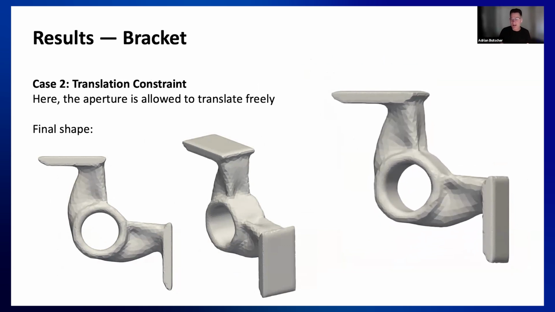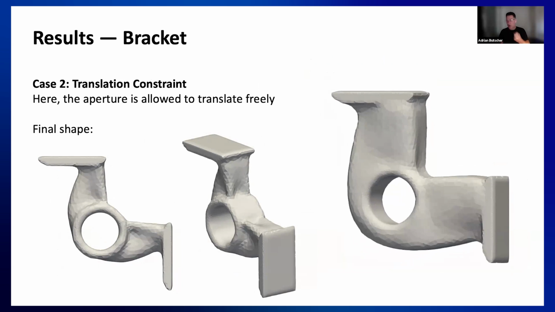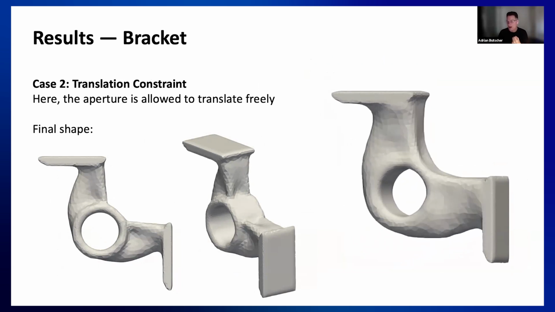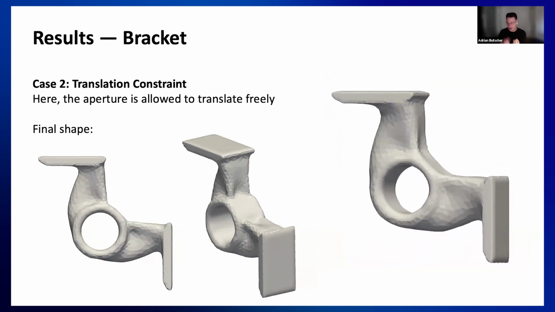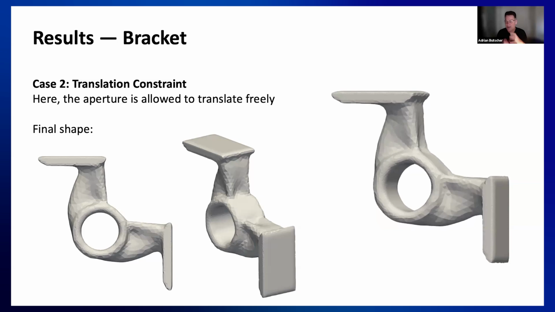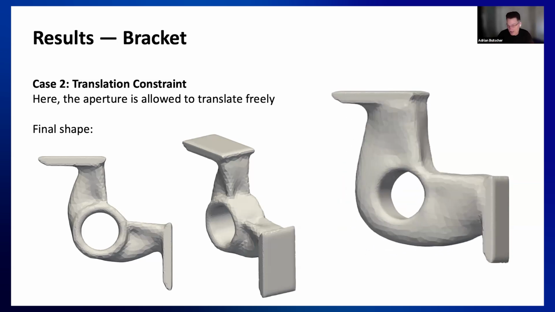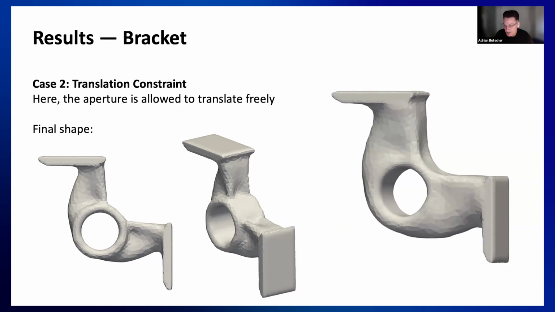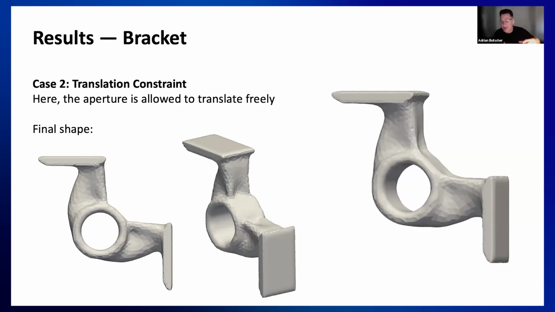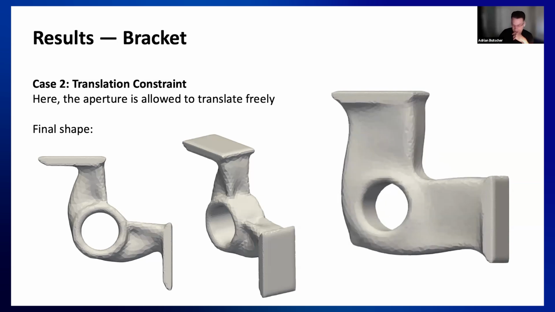So what you see is the region in which the downwards pulling load is exerted, the interface region, is translating to a more optimal location based on iterative sensitivity analysis and constrained Hilbert space updates that build that motion into the extension velocity, the update velocity.